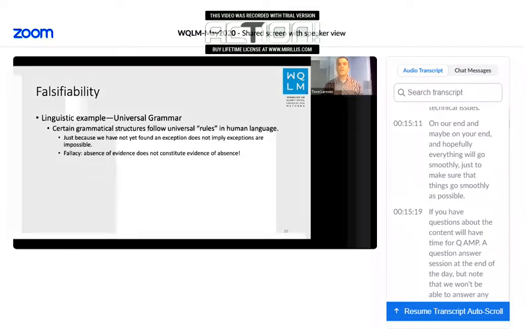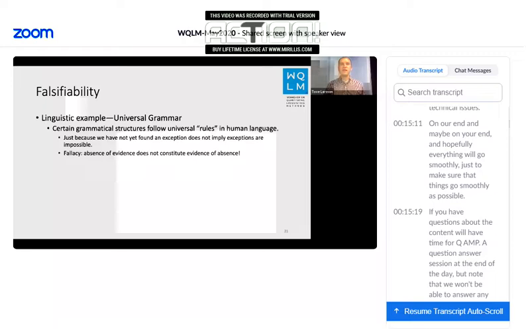And even if we had done that, that still doesn't show that something is not possible. It just says that we don't currently have a language where this is verified. So it falls into the fallacy of absence of evidence does not constitute evidence of absence.